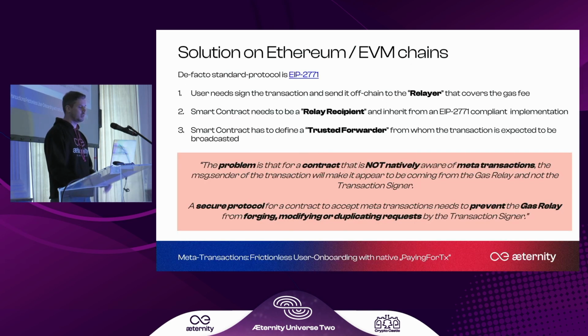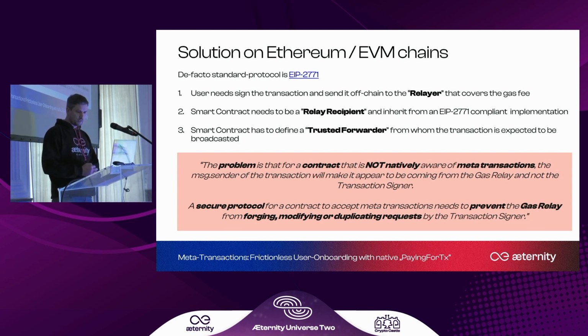There is some standard. The problem here is that the protocol of Ethereum does not know about that concept. So you have to do it within contracts, you have to create your own protocol, and this is the de facto standard protocol which I'm describing here. It's basically like I described it: some user signs a transaction and sends it off-chain to the relayer, and the relayer then covers the gas fee.